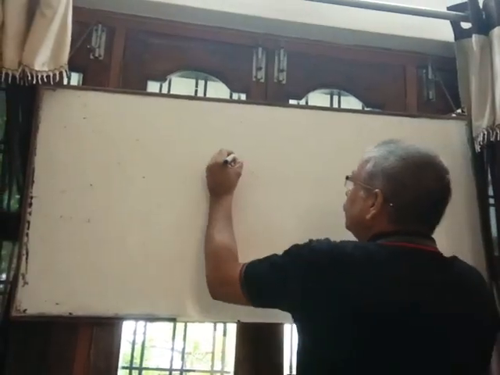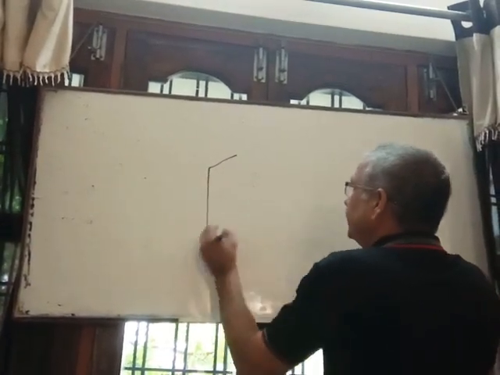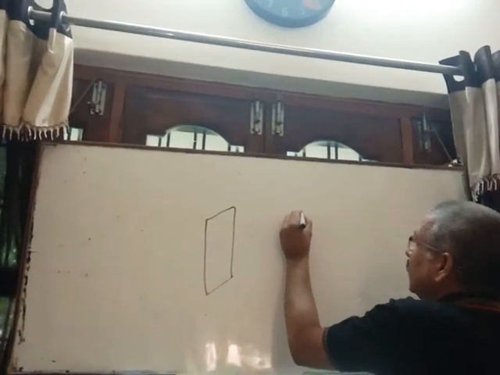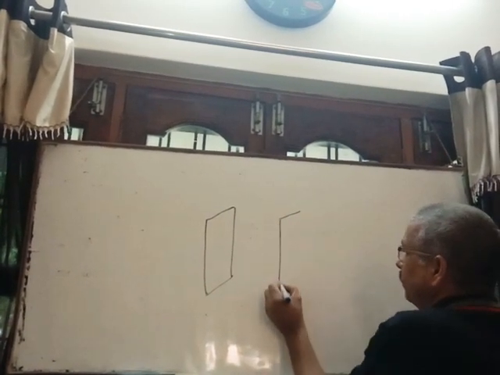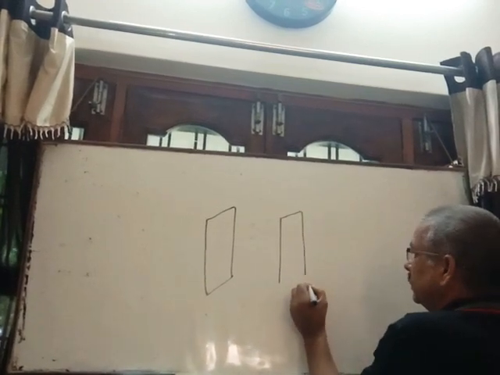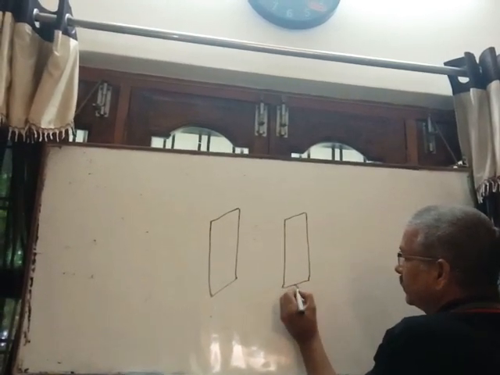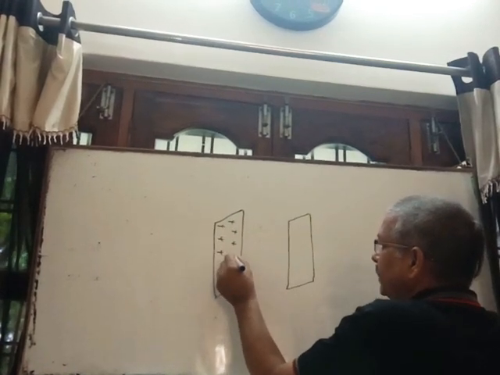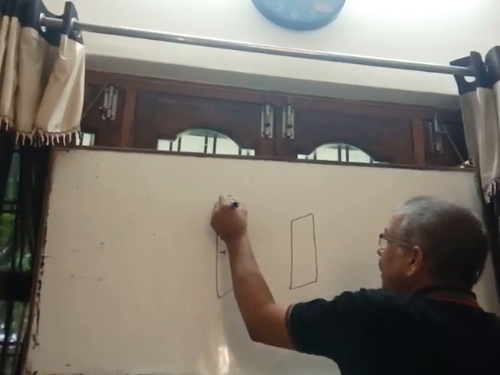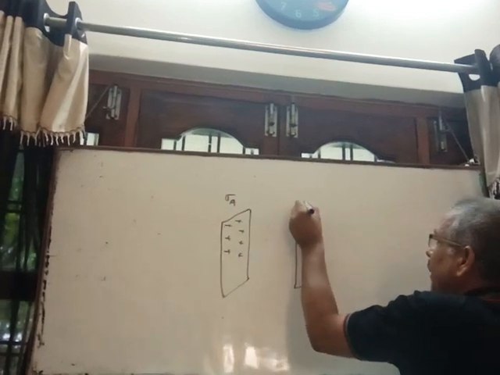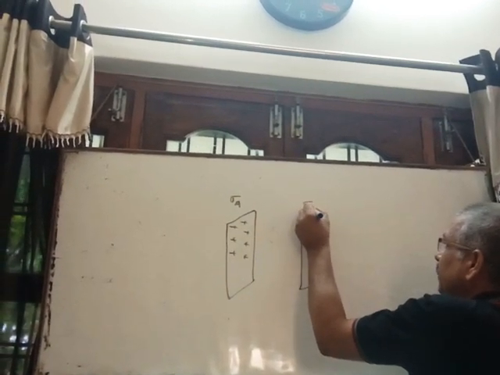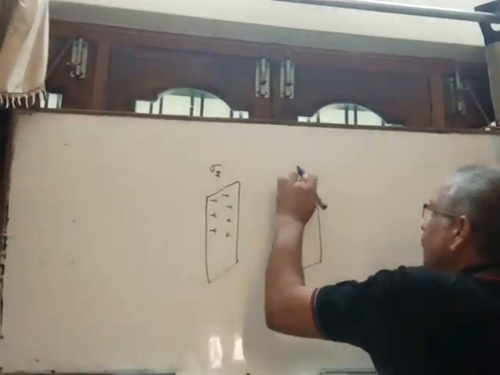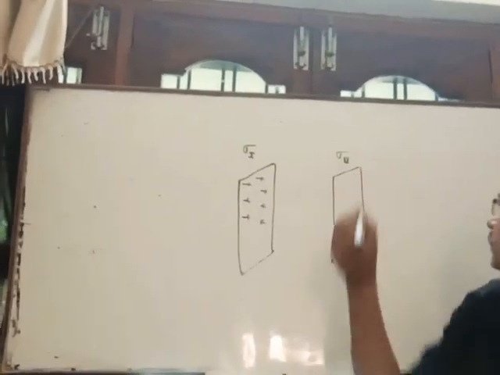Here we have two plane sheets, kept parallel to each other, having surface charge densities sigma 1 and sigma 2.